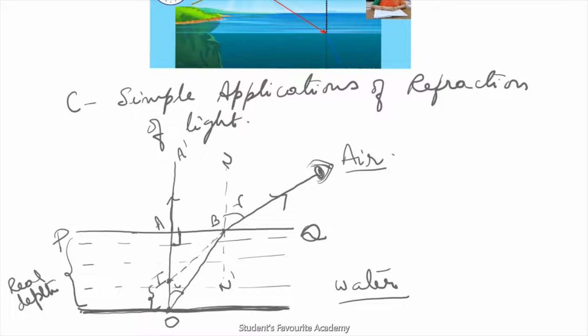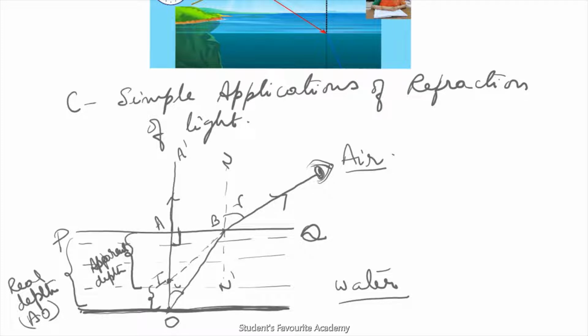Real depth is AO in the diagram, and apparent depth is AI, where you see the object till I. Apparent means which is not real, the false depth which you are seeing.